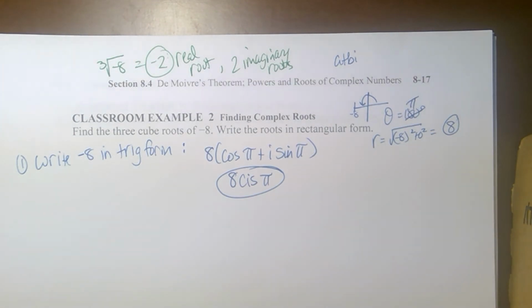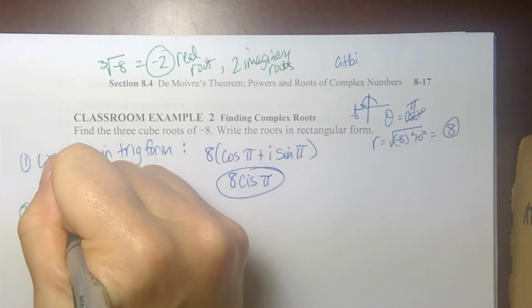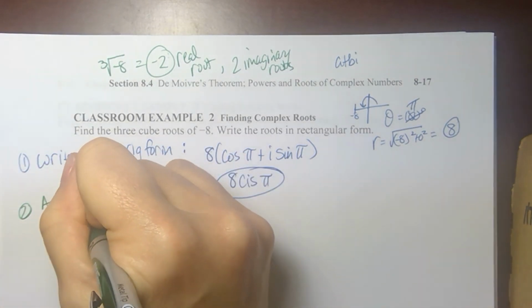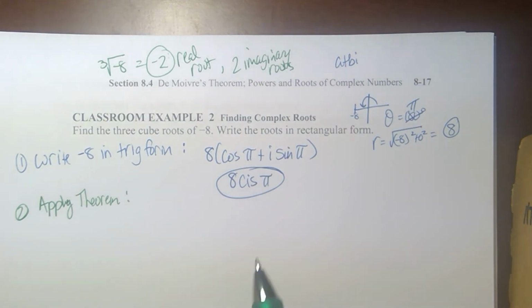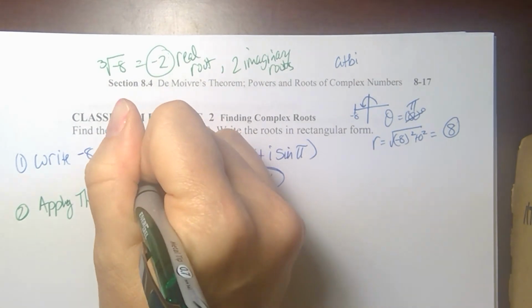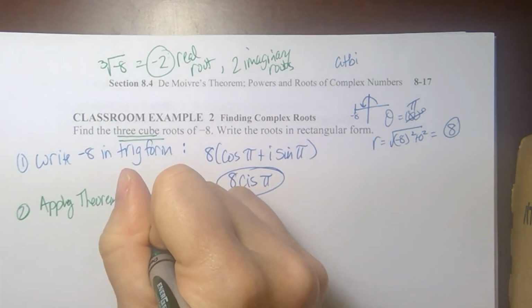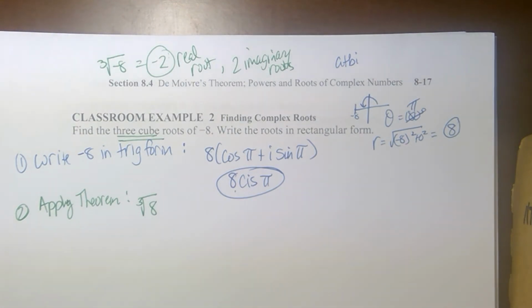Second step is going to be to apply my theorem. Now, I don't have a fancy name for my nth root theorem, like de Moivre's for my power theorem. Remember that I take the nth root of r. I'm finding cube roots, so I take the cube root of r, which is 8.